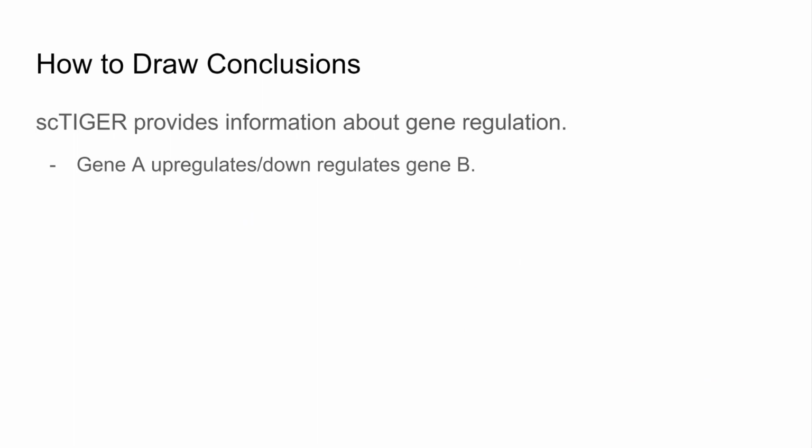So you can look at it and say that gene A is upregulated or downregulated by gene B. You'll get many pairings and you can see how they all fit together. scTIGER is trained so that if you provide it multiple genes of interest, it will give you an overall global interaction map, as well as each individual one for your use.